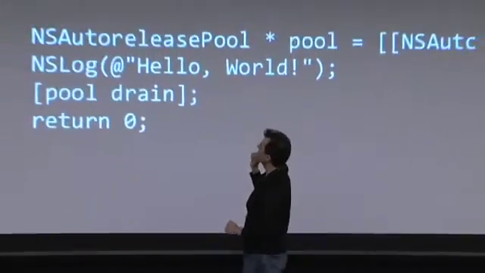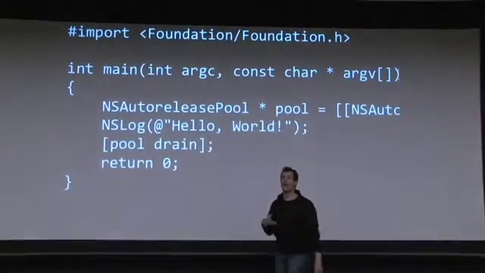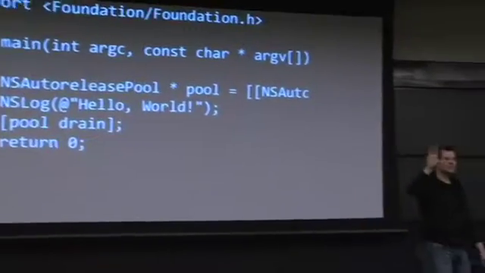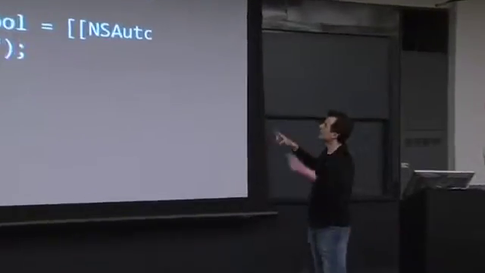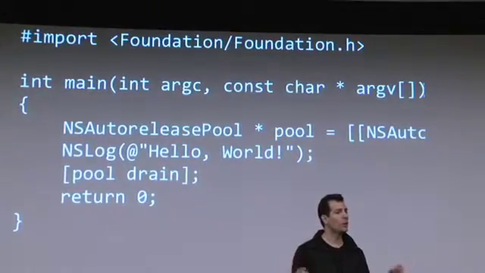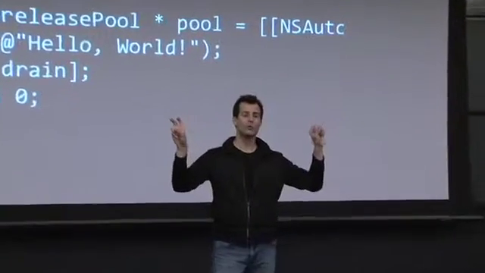Notice one thing too: anytime you import a header file, which has function declarations, maybe some constants, enums, structs, if it's in angled brackets like that, it means it's installed in the system. It came with Xcode, came with the compiler. If you have double quotes around your header file's name, that means you wrote it, so it's somewhere in your project folder within Xcode. So we'll see that distinction there.